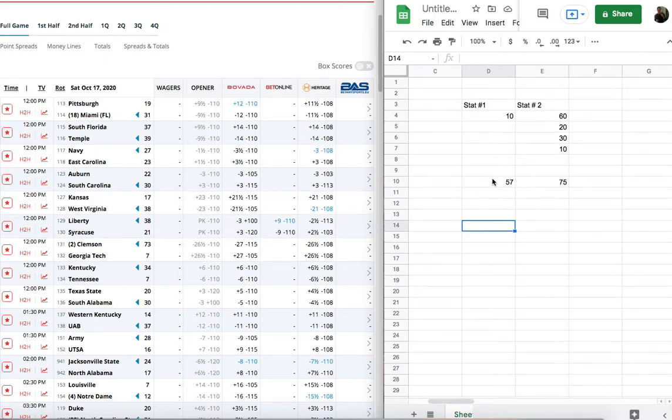Those aren't realistic lines for college football, right? But we want to average these two together. So we take this number here and add it to this one, and we get 132.